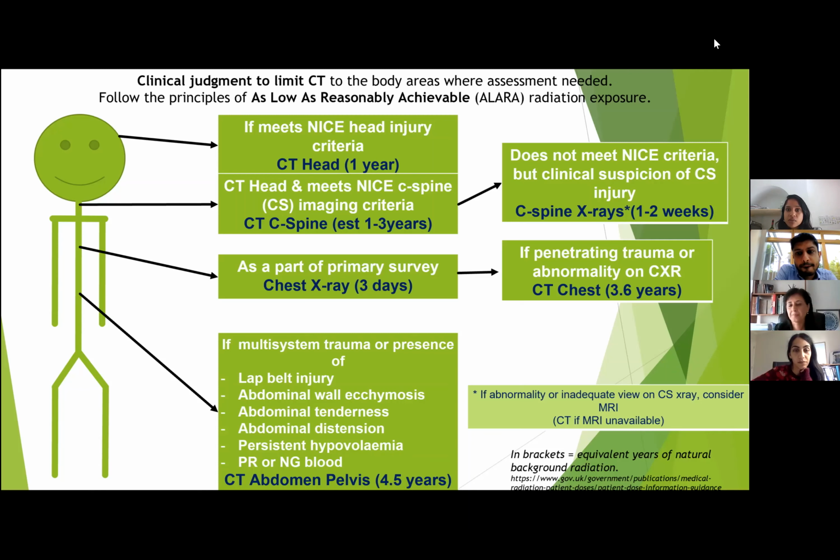You can see there's quite a stark contrast, for example, CT Abdomen Pelvis is 4.5 years background radiation, but they're just ballpark figures. They're actually based on adult data, and we know that children are much more radiosensitive, and there have been a lot of changes over the years. So CT scanners use lower dose radiation for children. But it's just to remind you that just because the child is going in for a CT head, don't just add on other CTs just because they're there, because it all adds up.